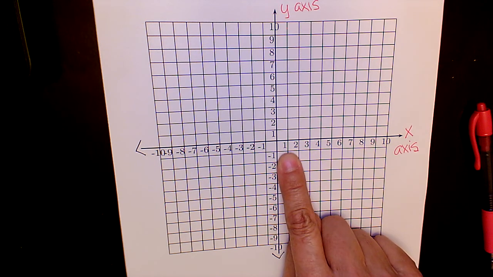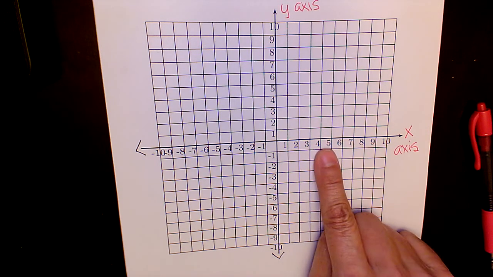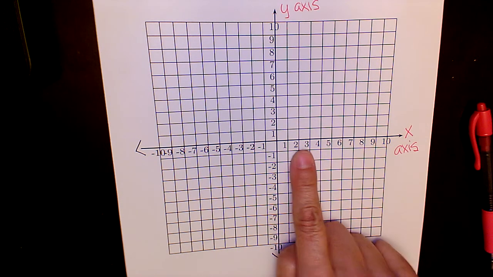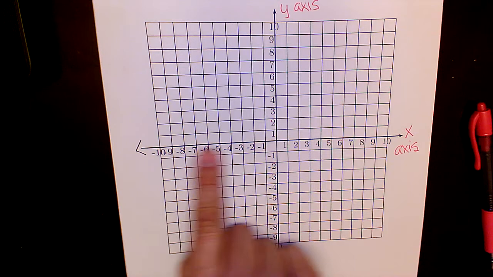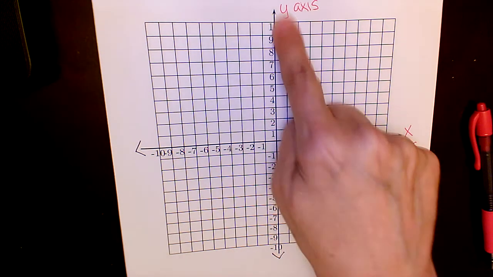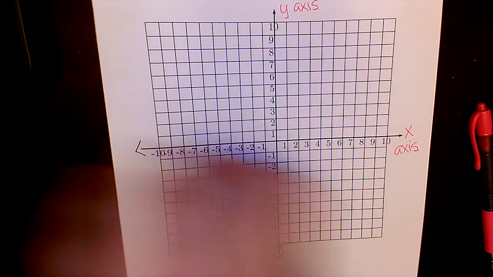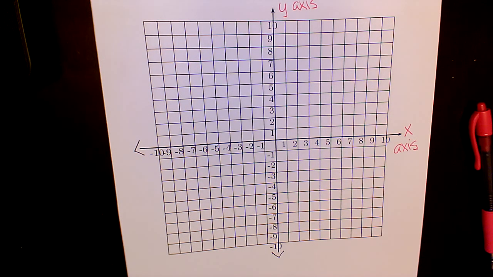If you're going to go by 1s, make sure you go by 1s. Don't go by 1s and then all of a sudden go by 5s. If you're going by 2s over here, make sure you go by 2s on the other side of the x-axis. If you go by 1s on the upper part of the y-axis, make sure you go by 1s on the lower part.